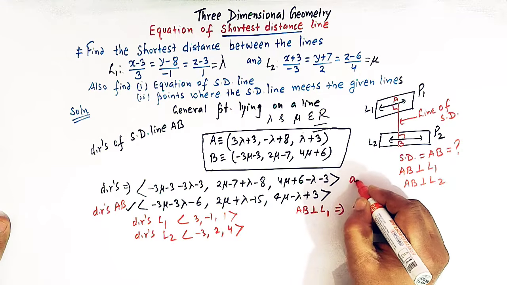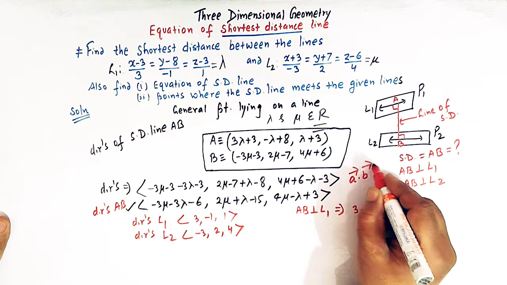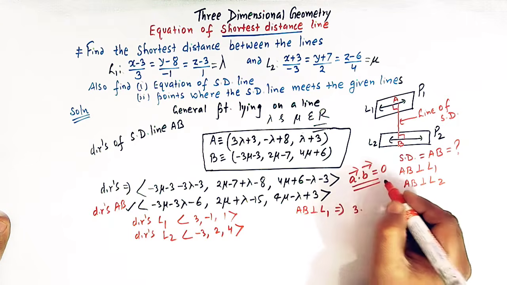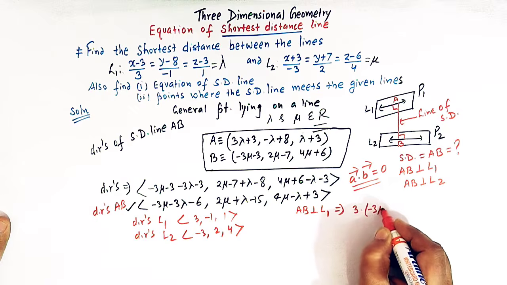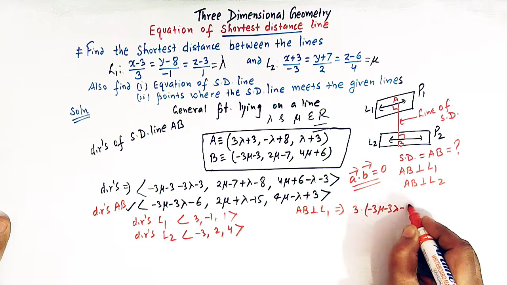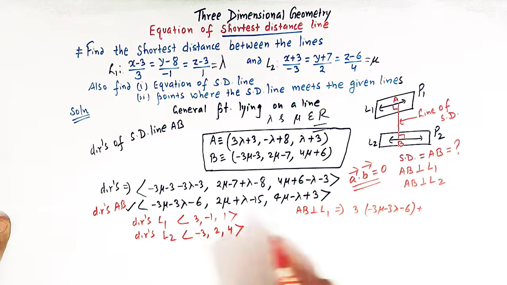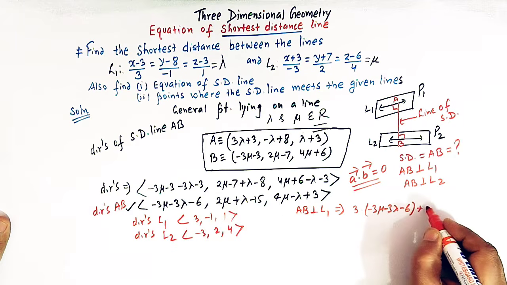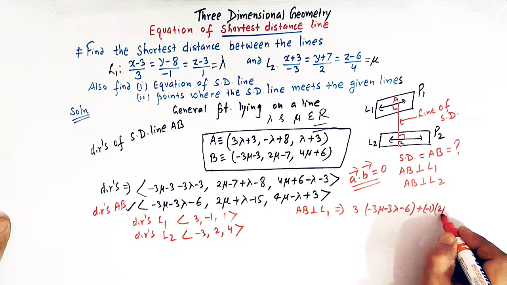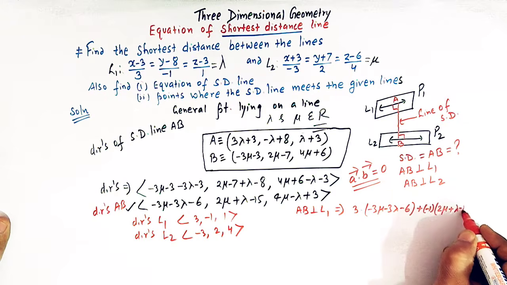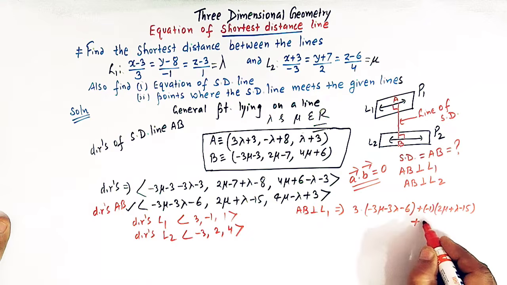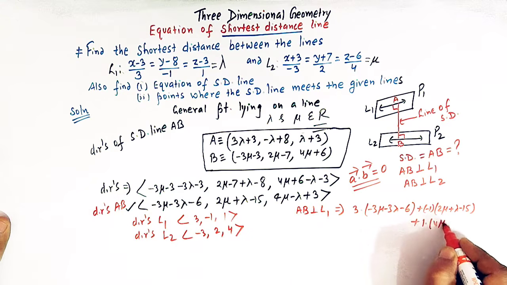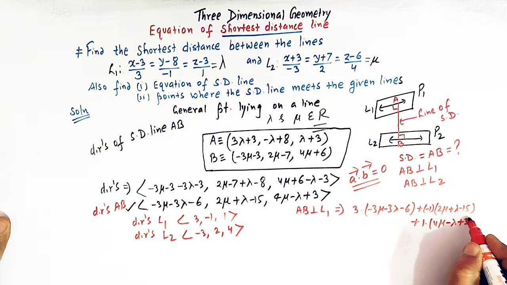Or in other words, A dot B is equal to 0, right? So we have 3 times minus 3 mu minus 3 lambda minus 6 plus, here we have minus 1 times 2 mu plus lambda minus 15, and then 1 times 4 mu minus lambda plus 3 is equal to 0, right?